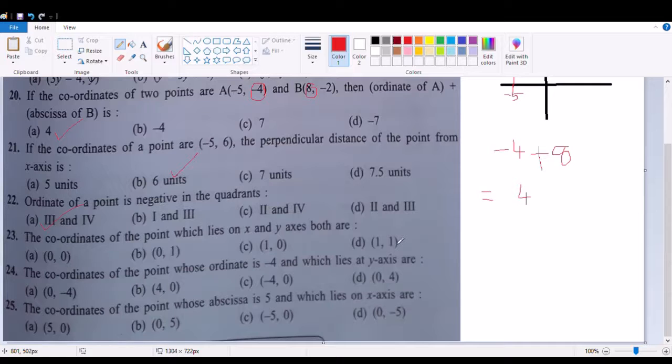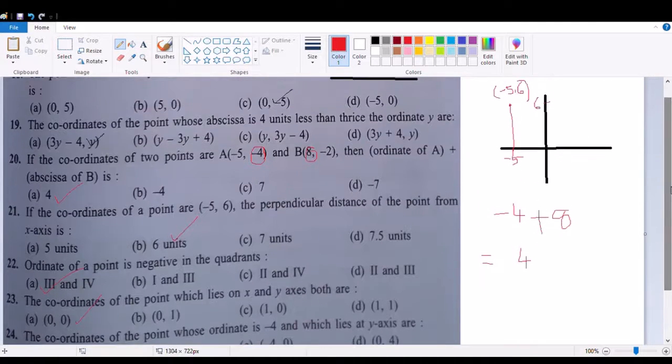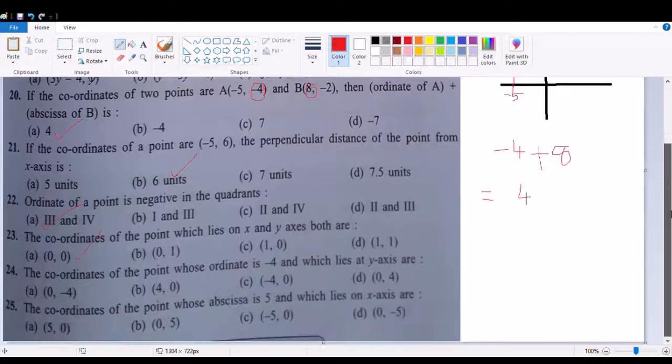So what is our answer? Answer is 0, 0. Why are we saying 0, 0? Because it lies on both x-axis and y-axis. When we are taking x-axis, the point 0, 0 is there. When we are taking y-axis, the point 0, 0 is there. So answer is 0, 0.